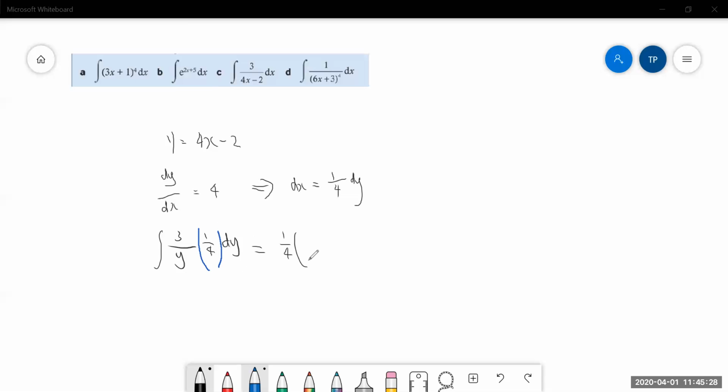You're supposed to take out all constants. The only constant here is 1 over 4.